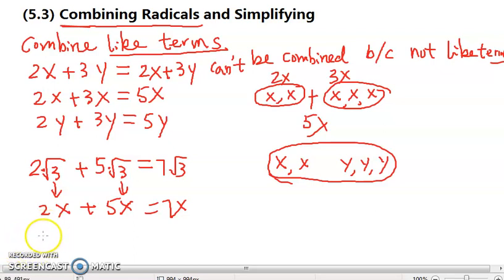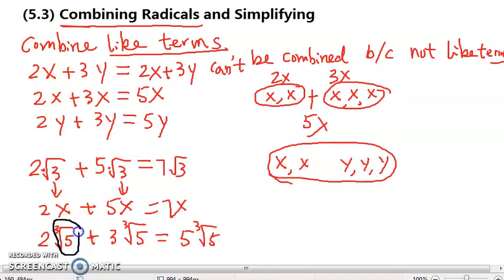And similarly, if we have another one, let's say we have cube root, say we have 2 cube root of 5 plus 3 cube root of 5, and then we're going to get 5 cube root of 5. So all we have to do is treat this radical as a variable x, as long as they're the same thing, and we can just combine it.